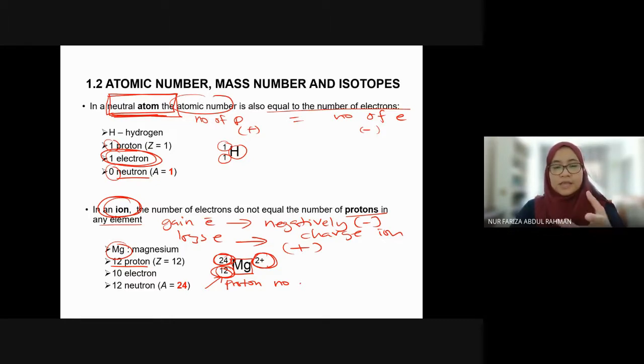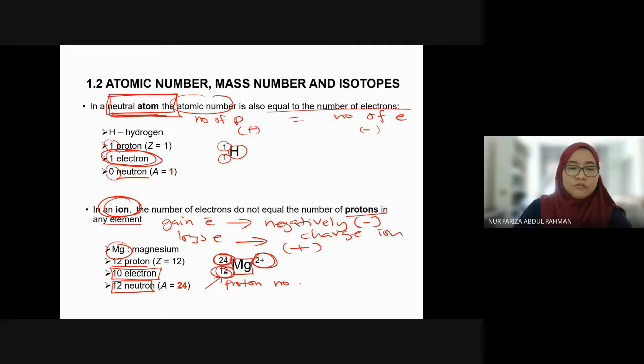That means it has a lack of electron, or it becomes more positive. So the number of electron now is 10 electrons. As for the neutron, magnesium has 12 neutrons.